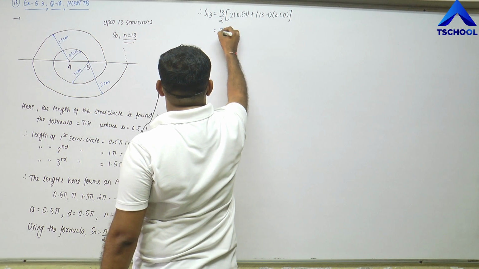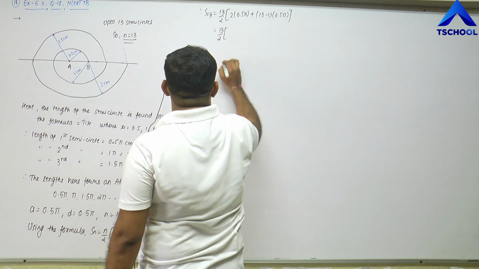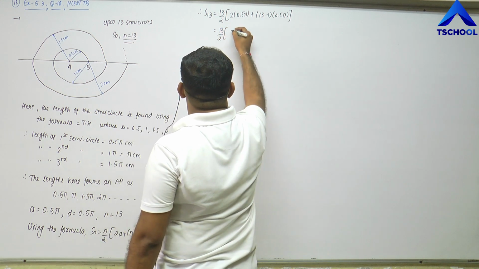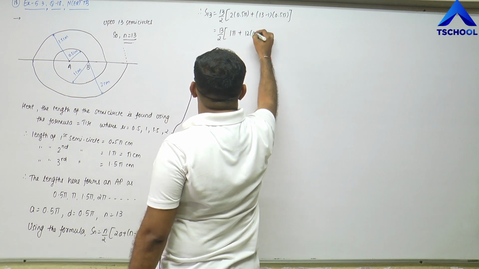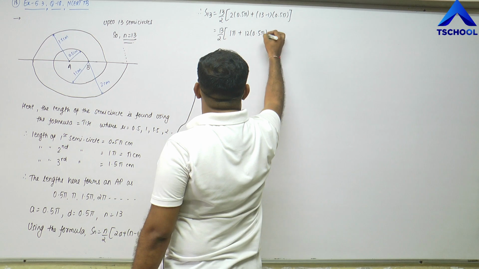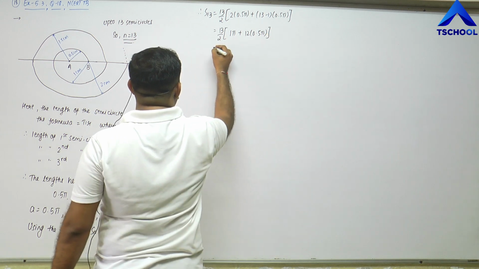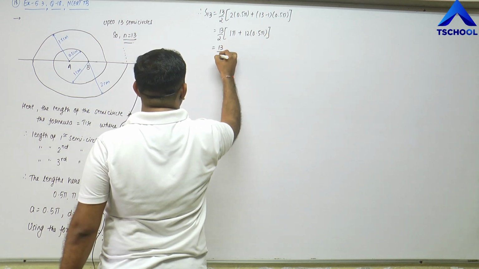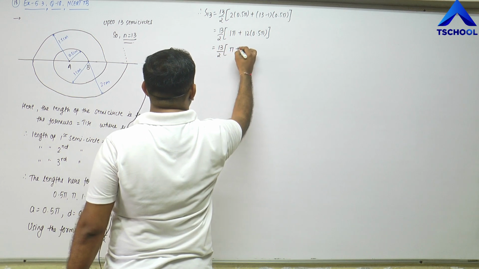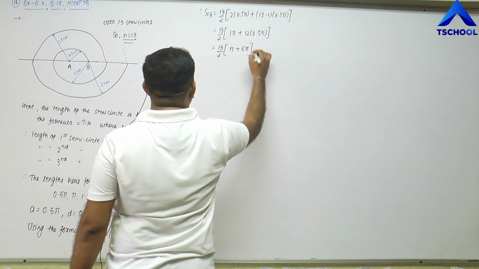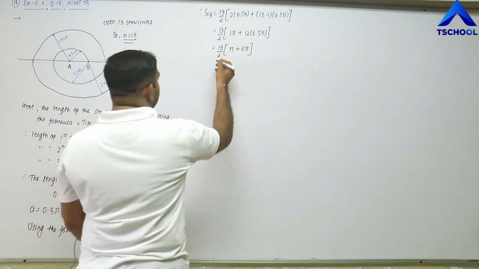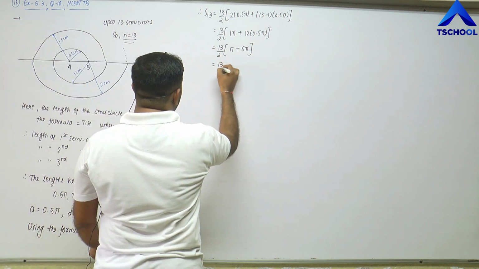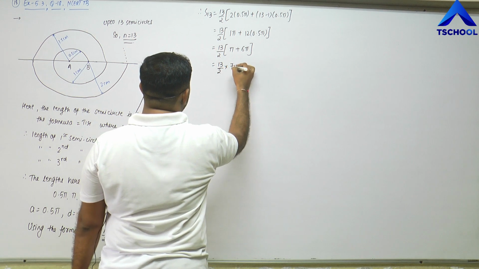Since 13 cannot be divided by 2, we will keep it as it is, 13 by 2. 2 into 0.5 is 1 pi, plus 12 into 0.5 pi. What is 1 pi? That is pi. So 13 by 2 into pi plus 6 pi. Yes or no? 12 into 0.5 is 6, which gives me 13 by 2 into 7 pi.